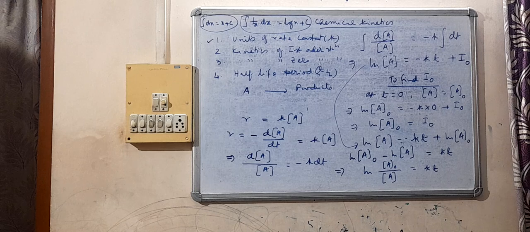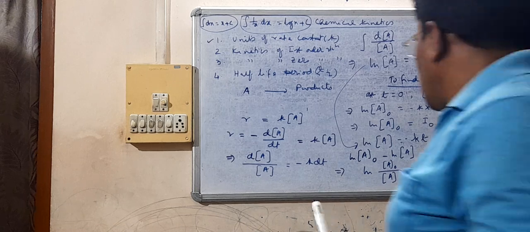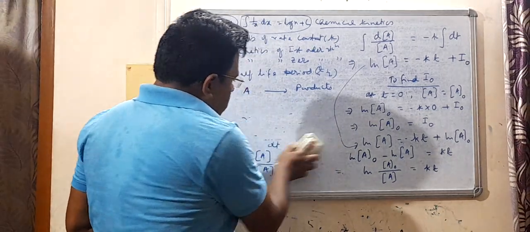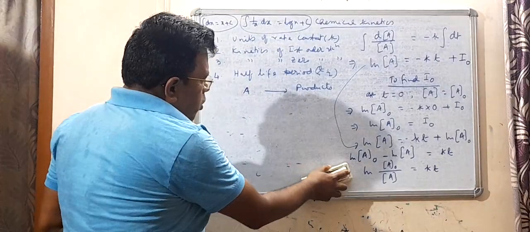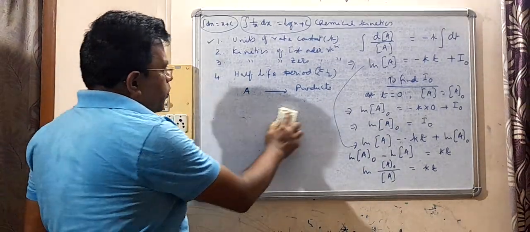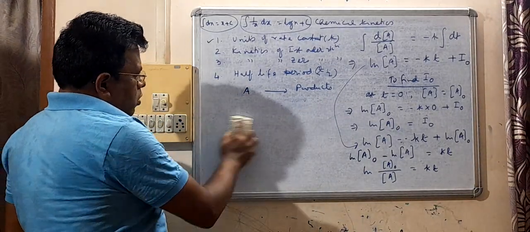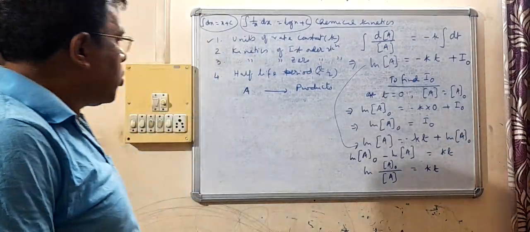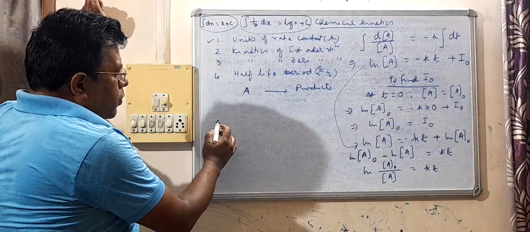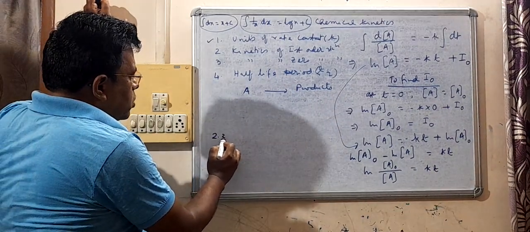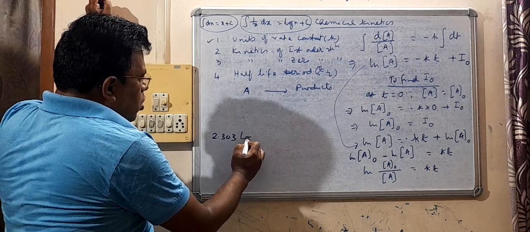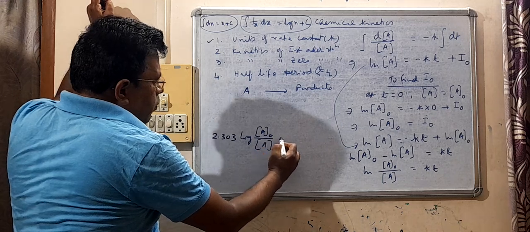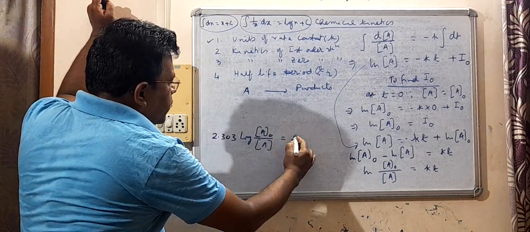Now to convert natural log to common log, we multiply by a factor of 2.303. So on multiplying this by a factor of 2.303, we have 2.303 log A naught by A is equal to kt.